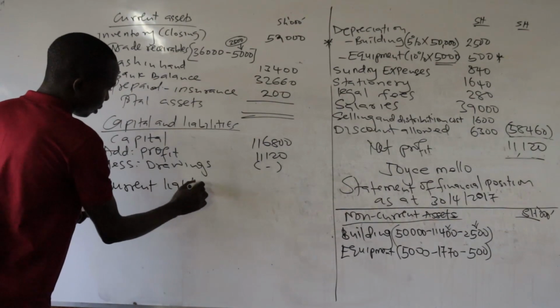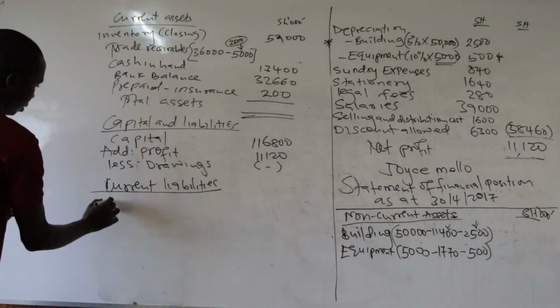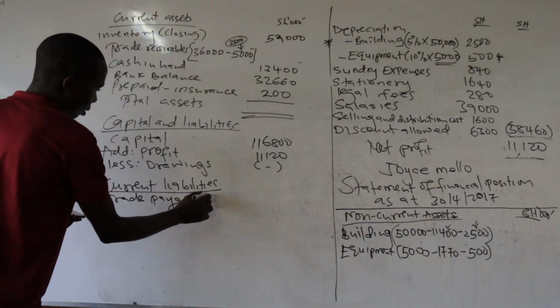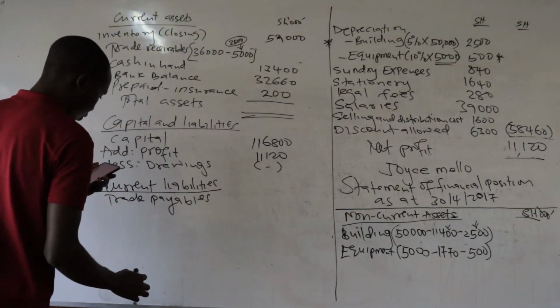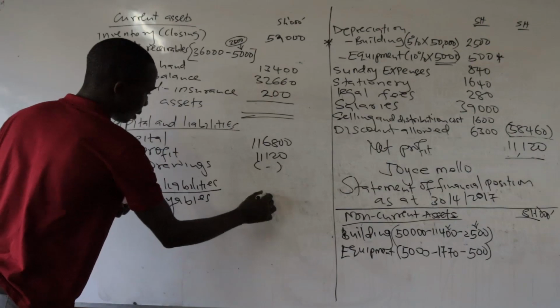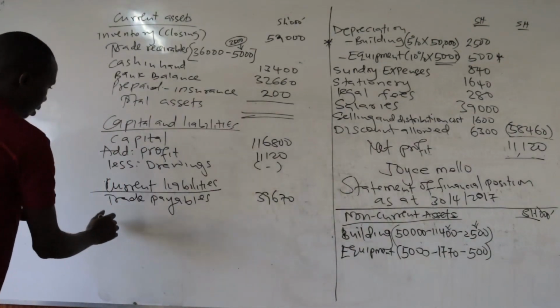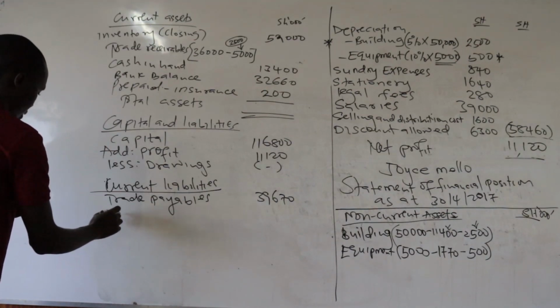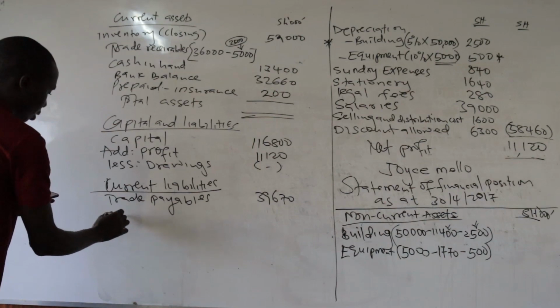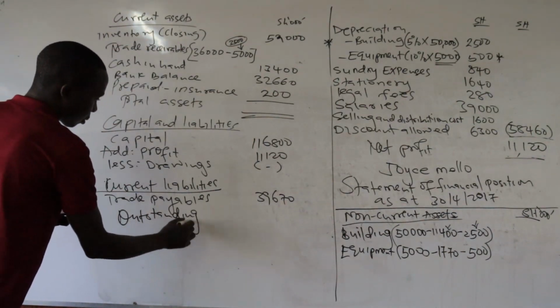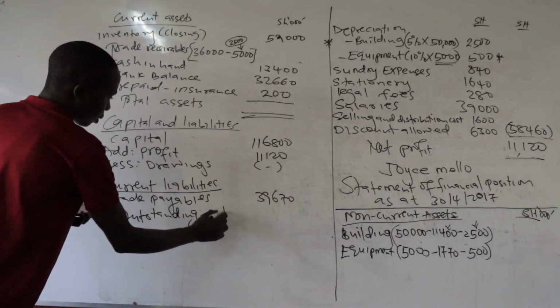So for the current liabilities, we have the trade payables. So for the trade payables, we have 39,670, and we have outstanding balances, so the owings. That is outstanding balances.